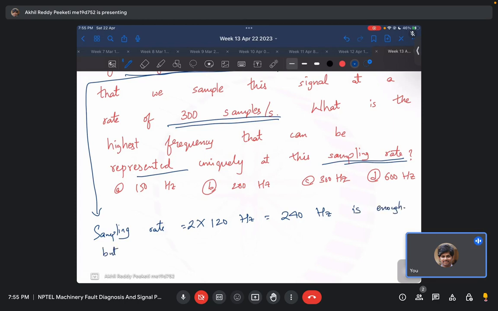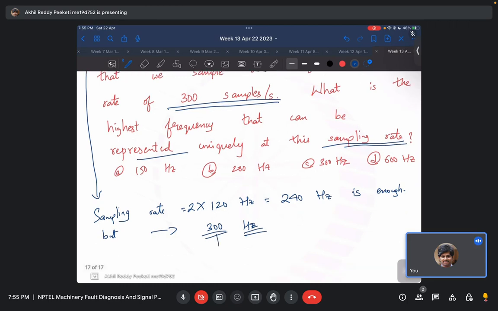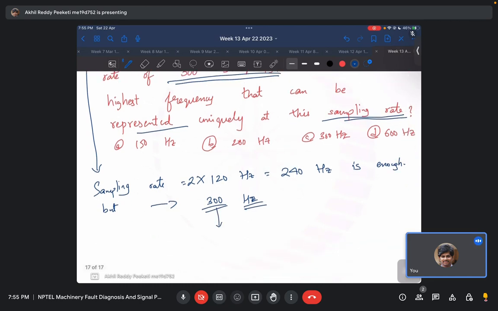But you are sampling at 300 samples per second. So if you are sampling at 300 samples per second, then what is the maximum frequency that you can get?